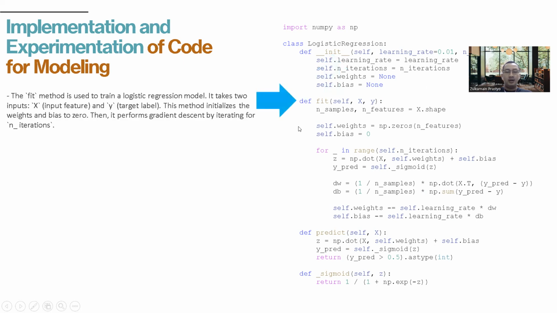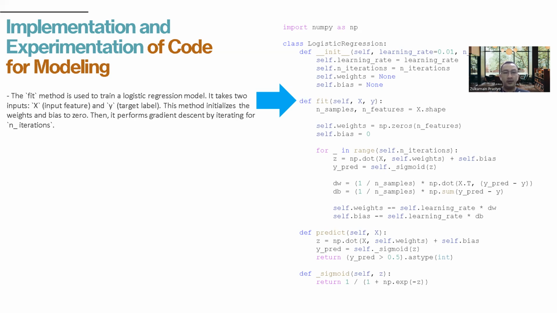And then I create fit(self, X, y). The fit method is used to train a logistic regression model. It takes two inputs, X, the input features, and y, the target label. This method initializes the weights and bias to 0.